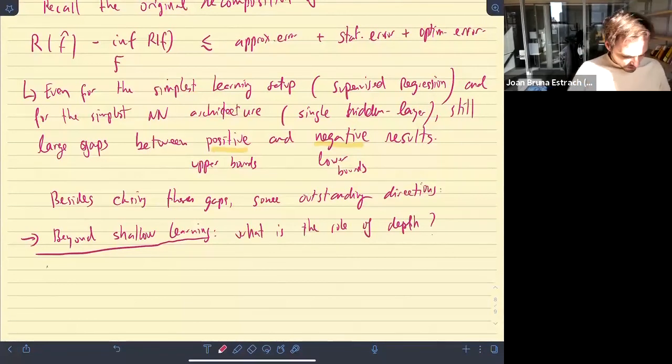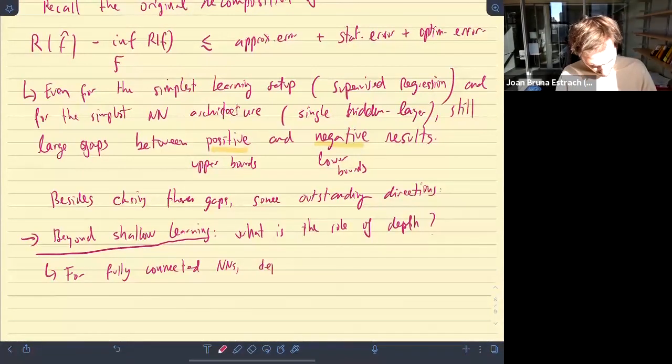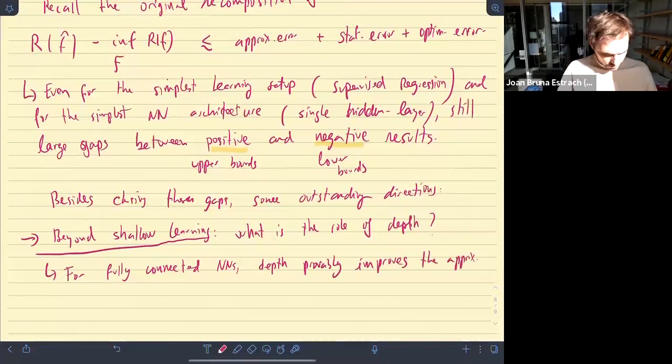So for fully connected neural networks, depth provably improves the approximation power, but there's a big cost, right?